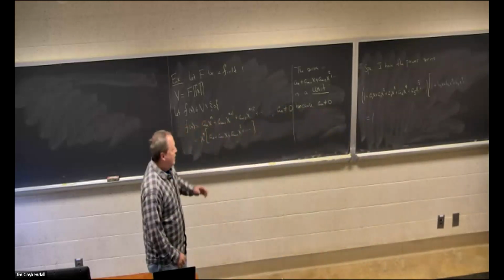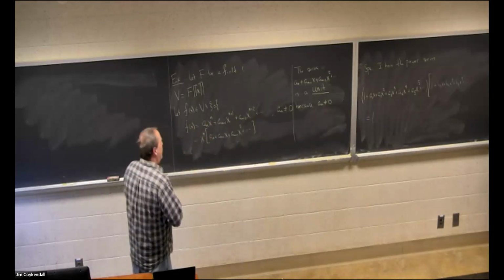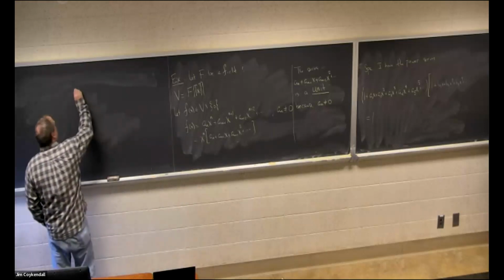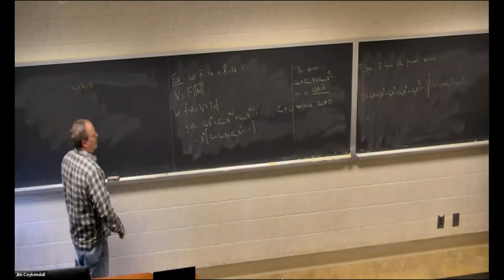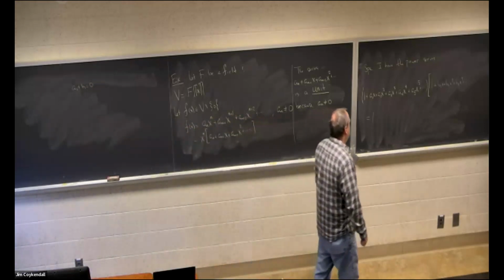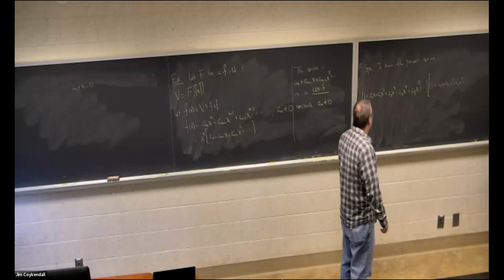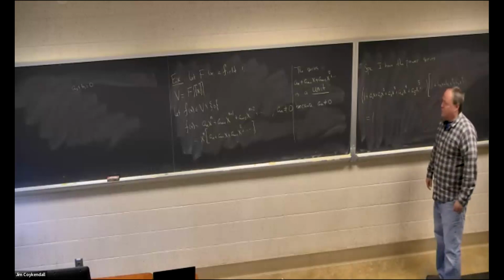Well, first of all, I match on the constant term. I've got a 1 there for sure. And then I have to satisfy the following. Correct? Because that has to be 0.